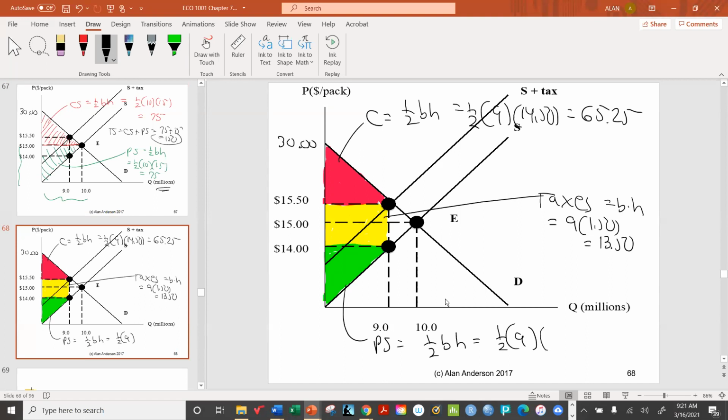The height is 14. Okay, and they end up with 63.